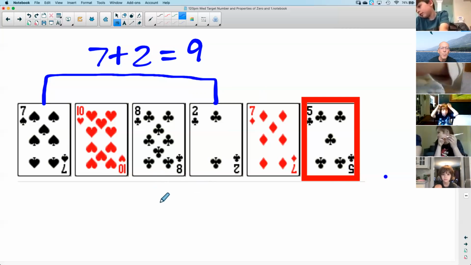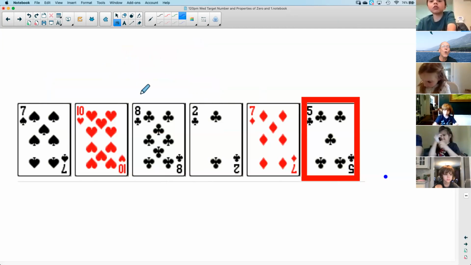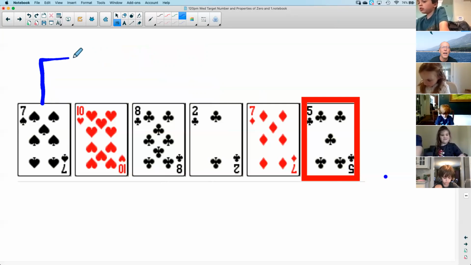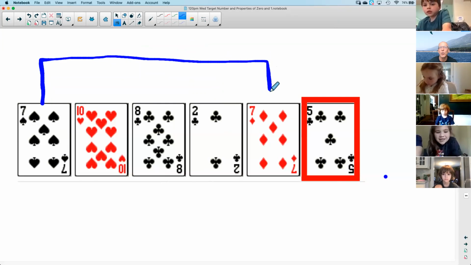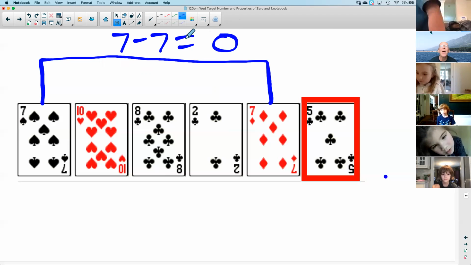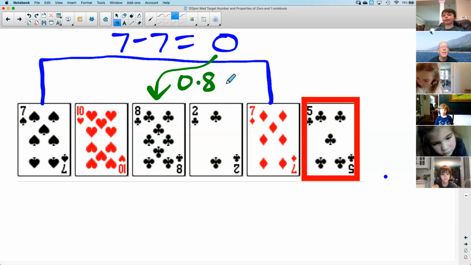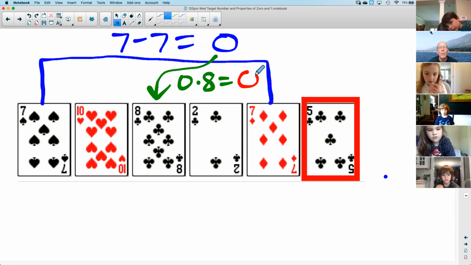Now, I want everybody to stop working right now and look up at my screen. Victoria gave me a great idea, and so I think did Gabe. 7 minus 7 is 0, and I love 0. Watch this, guys. I'm now going to take 0 and multiply 0 times 8. And 0 times 8, everybody on 3, 1, 2, 3, is 0.